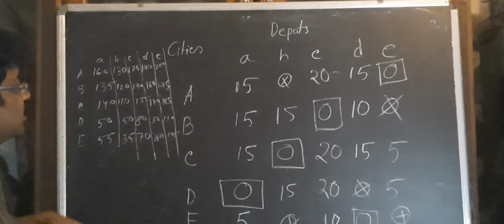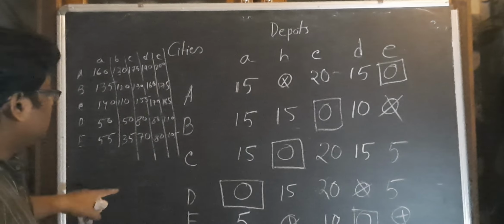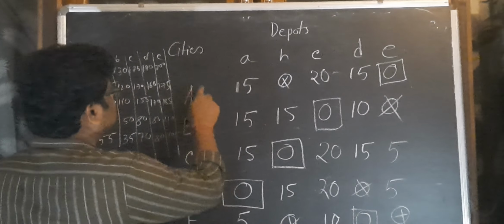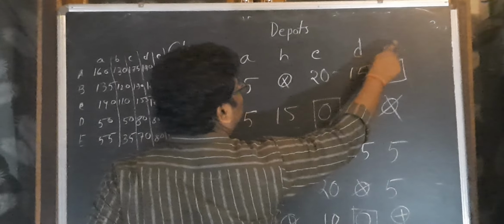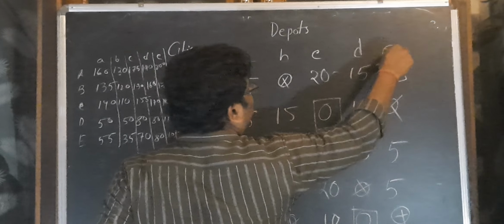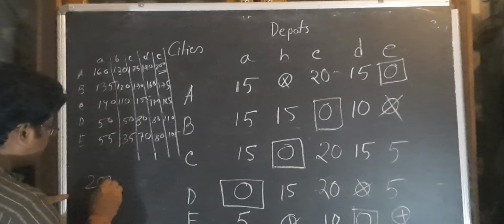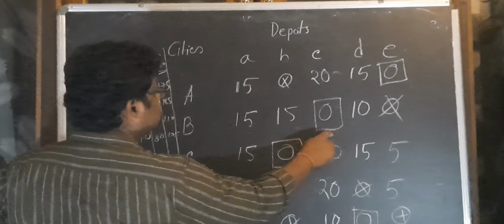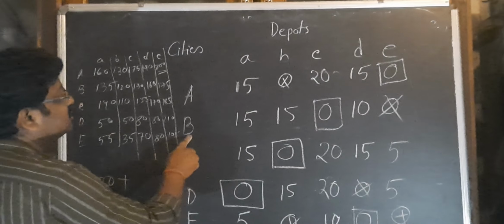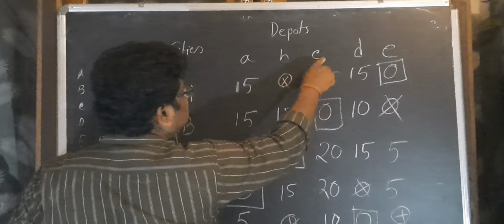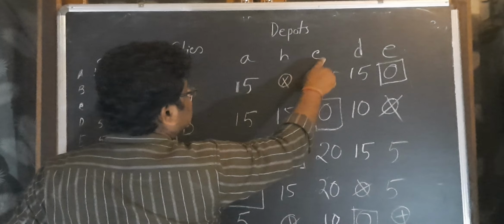Here, city A and origin E, so 0 here. This is an assigned box, and considering the table given in the problem, we have 200, plus B and C, 130.